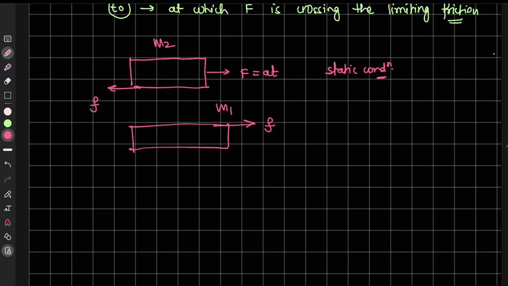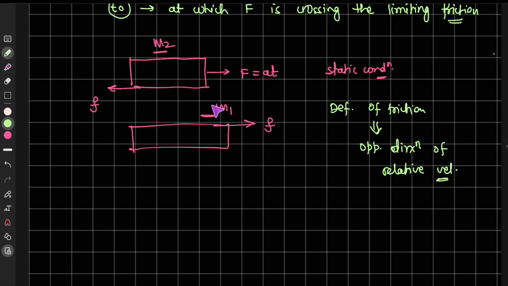then there will not be relative motion between mass m2 and mass m1. So if we talk about the definition of friction, then friction will always act in the opposite direction of relative velocity.